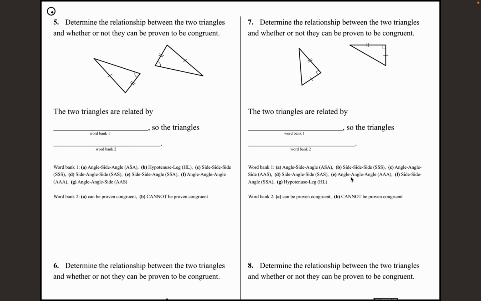Okay, let's look at number 5. Who can tell me what they got? Yeah, Graham? You said SSA? Okay, it's SSA. Can or cannot, Graham? Let's retry that. What did you say after "can"? That's what I thought.